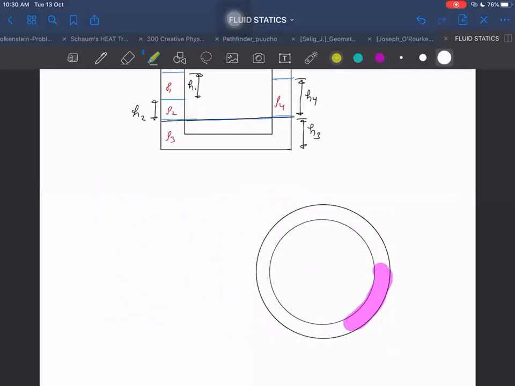Rho 3 H3 won't be there, sir. Rho 1 H1 plus rho 2 H2 is equal to rho 4 H4. Are you getting that? Yes, sir, correct. Rho 3 on both sides, positive and negative, get cancelled.